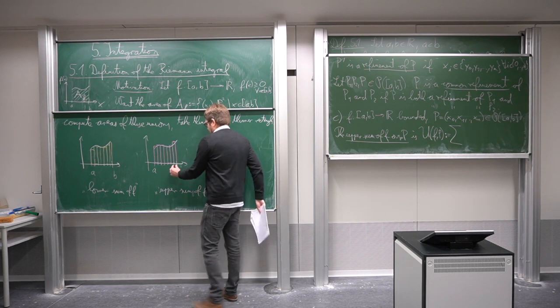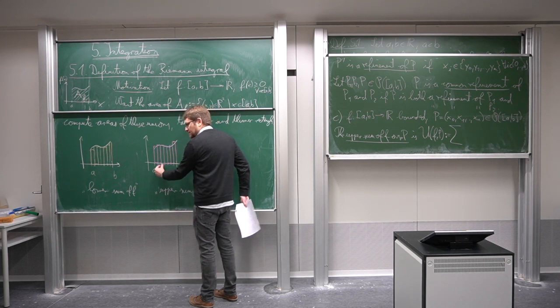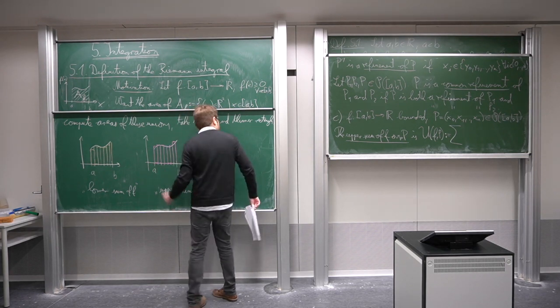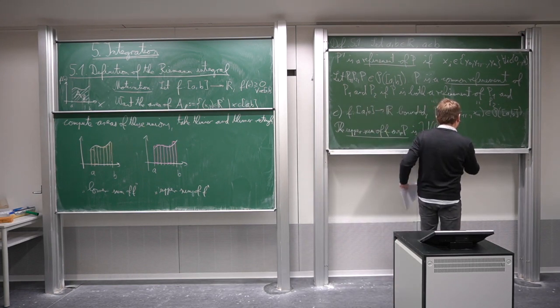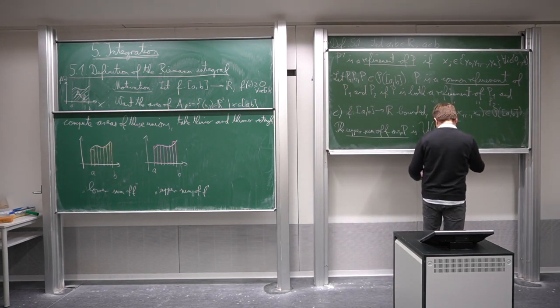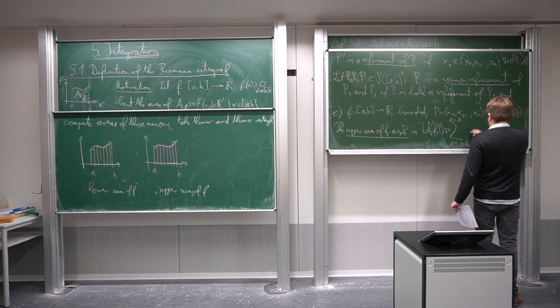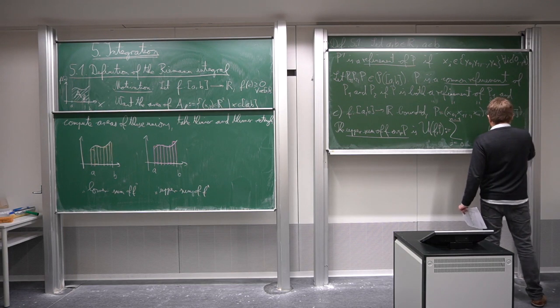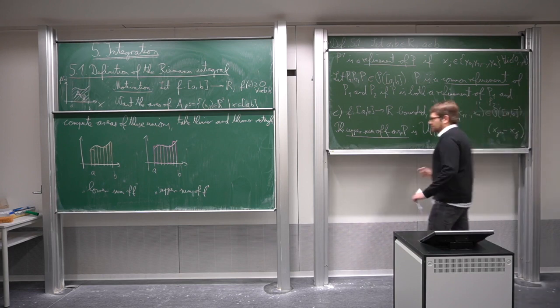And here, of course, the length of the small sides that are on the x-axis is the difference between two neighboring points in the partition. This is the length of this one side. So we need to take a sum over the whole partition, so the sum from j equal to 0 to n minus 1. And I leave some space here for the other side. The one side would be xj+1 minus xj. This is the length of the one side.